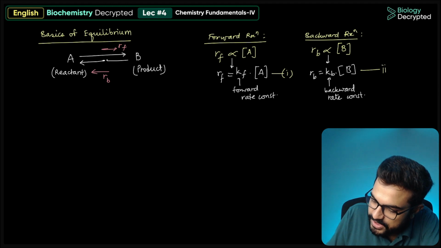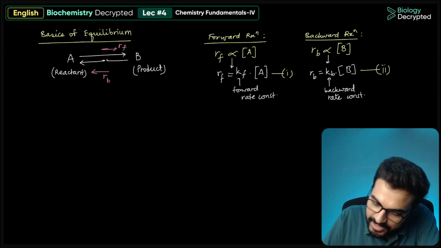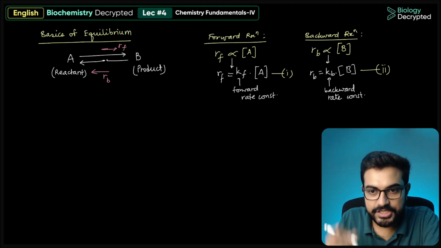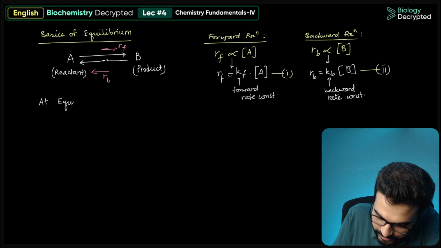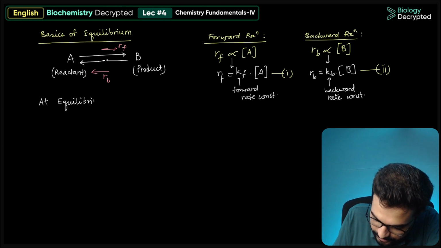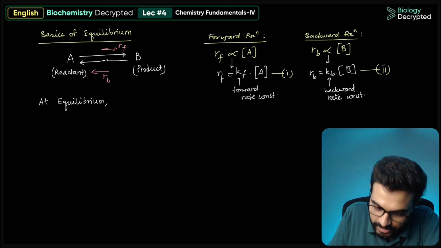This is equation 1, and this is equation 2. Now, the condition of equilibrium: at equilibrium both these rates become equal.